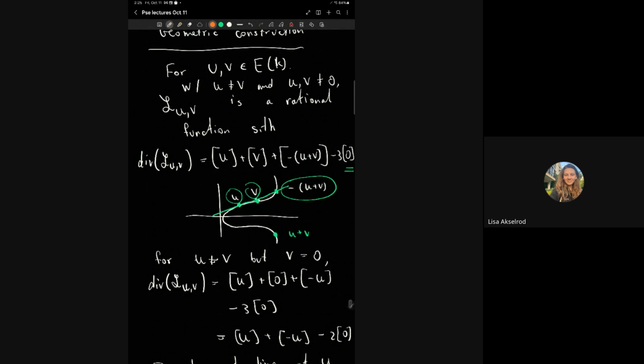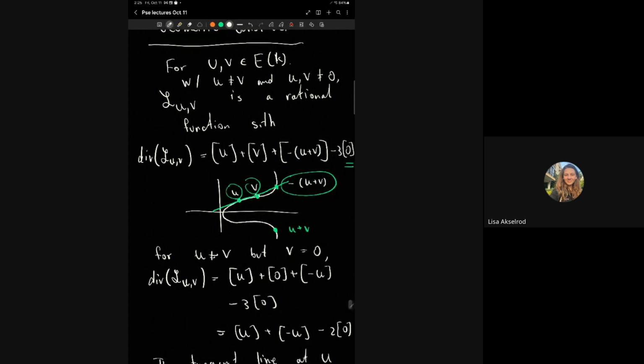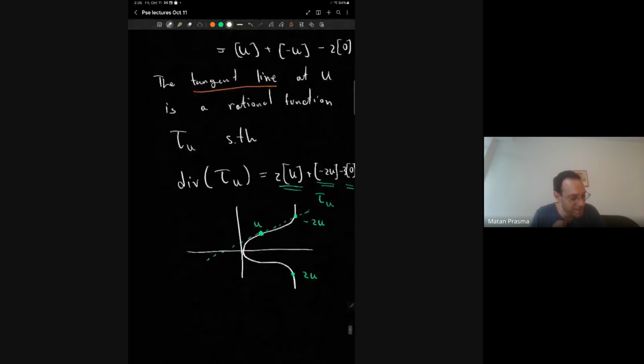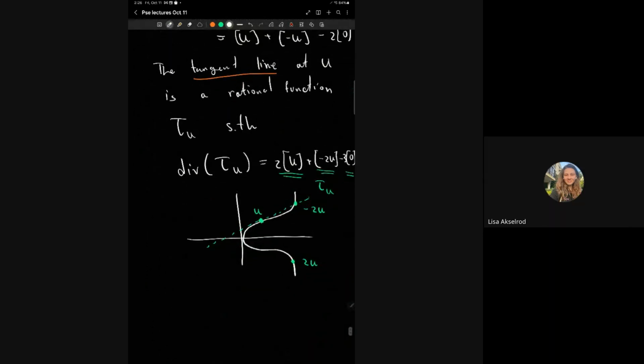Can you explain once again, since the geometric construction, I feel like we introduced two lines, L and tau. That's it. Yes. And let me introduce the third one. But why is it horizontal?